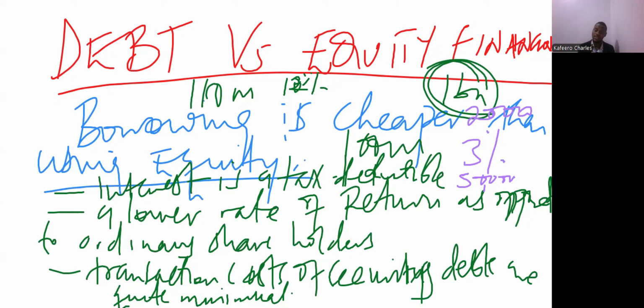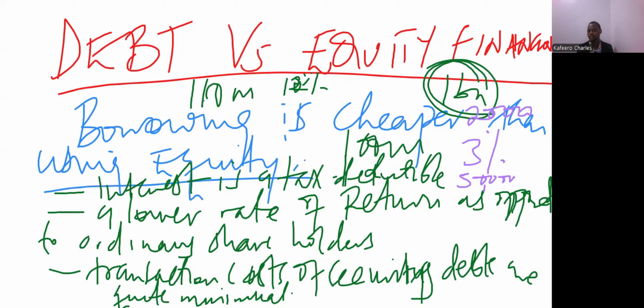But as I said, there are disadvantages of using debt. One of them is that some people may fear that their company may be taken over, because if you don't pay, the interest will keep on accumulating. Once it keeps on accumulating, it can threaten the going concern of the business, because you can end up liquidating the business to pay off these people, because interest is supposed to be paid.